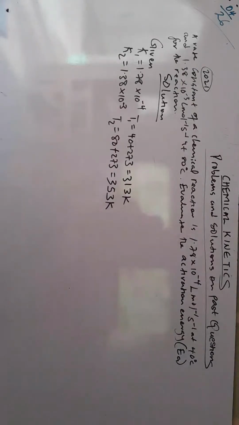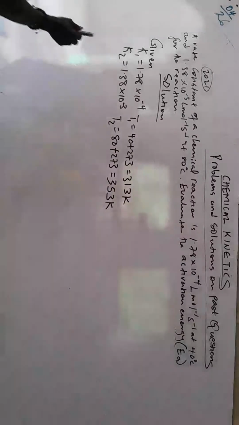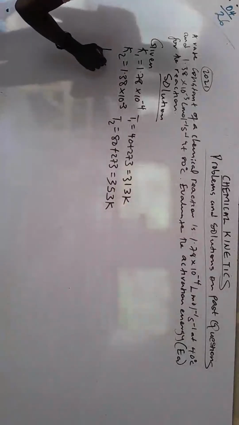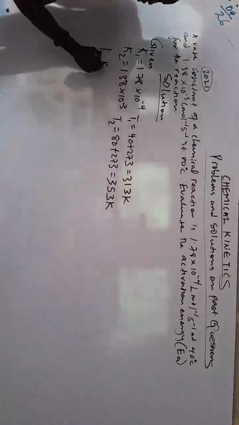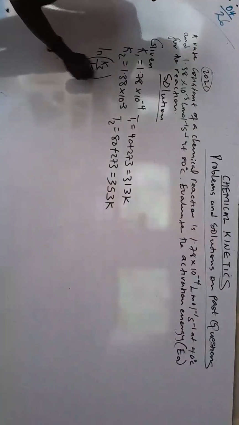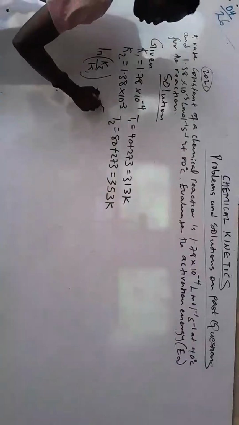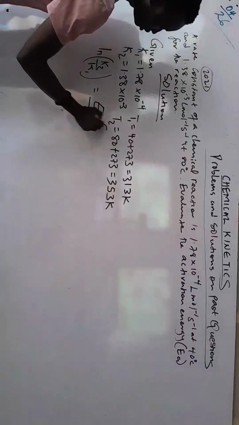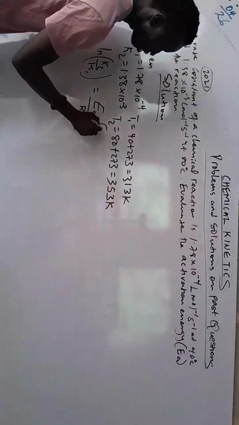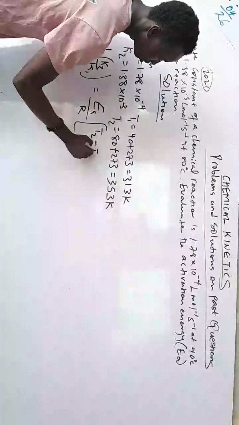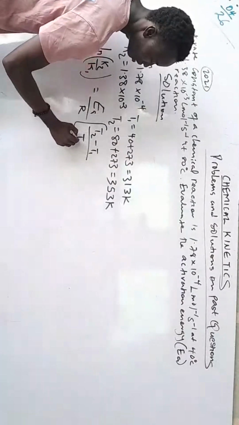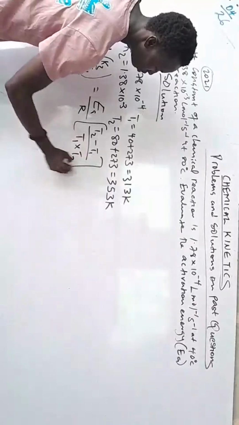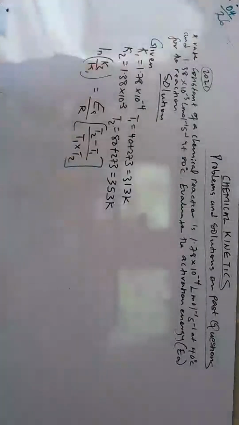The formula is ln of K2 over K1 equals EA over R into brackets, T2 minus T1 over T1 times T2. That is what we need right now.